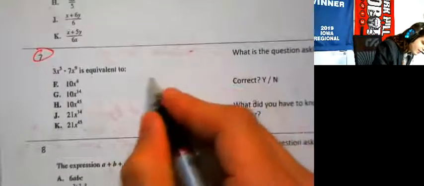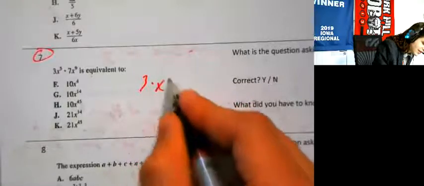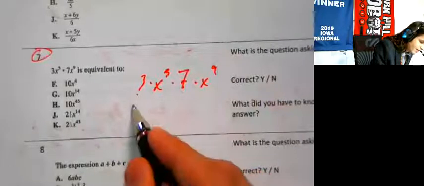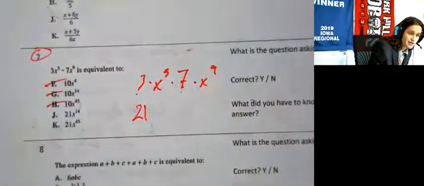3x to the 5th times 7x to the 9th. Okay, 3 times x to the 5th times 7 times x to the 9th. You better know that 3 times 7 is 21. Okay, hot dang. And we can get it down to 2. I can multiply those together. x to the 5th times x to the 9th.